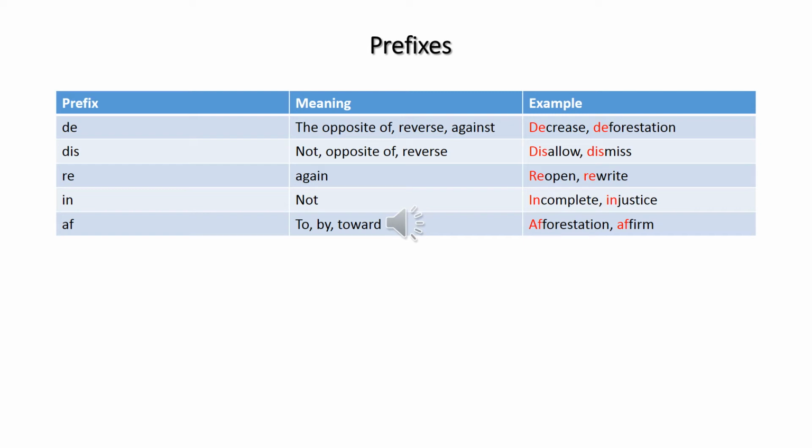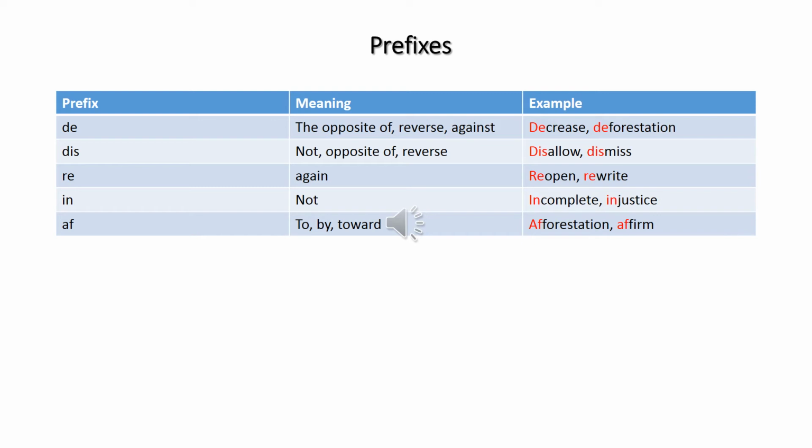The prefix de means the opposite of, or reverse, or against. Examples: decrease and deforestation. Decrease means to become smaller or fewer in size or amount.